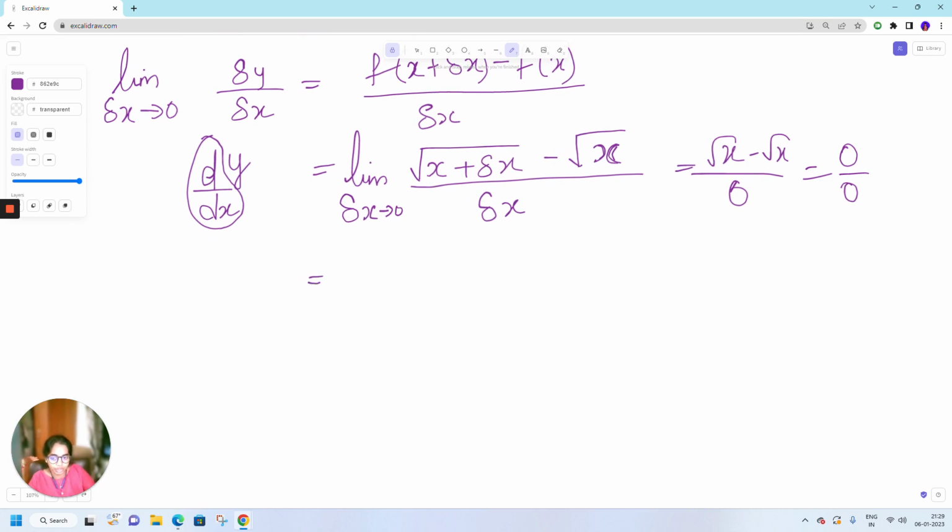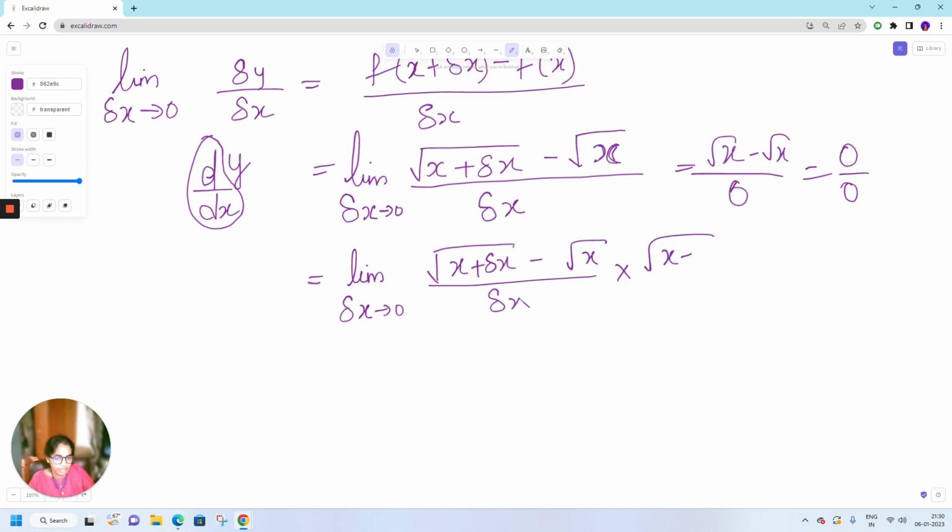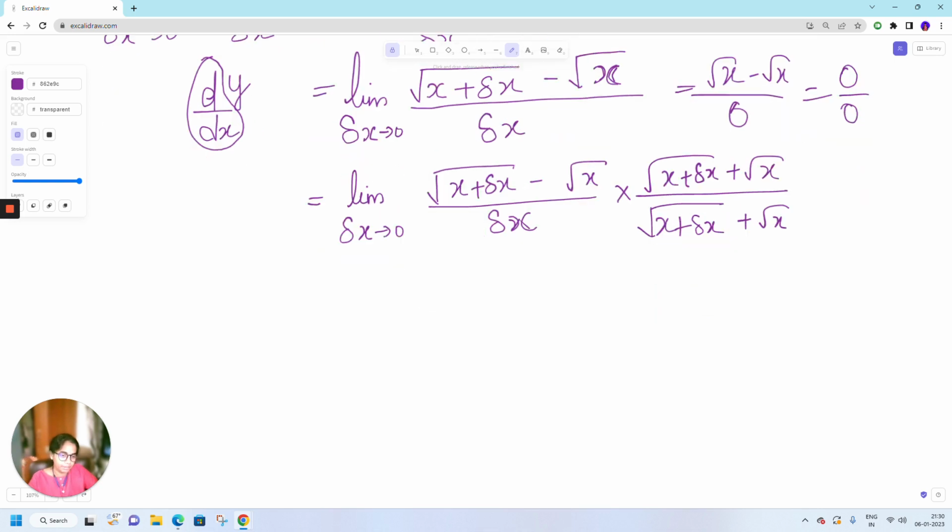So what should I do now? I'll rationalize the numerator. How do I rationalize? Divided by del x, I'll multiply root x plus del x plus root x divided by root x plus del x plus root x. Clearly, in the numerator I have a plus b into a minus b. What is the formula?